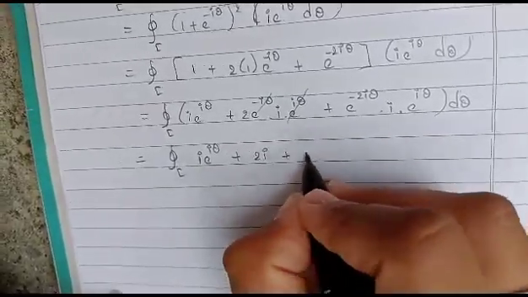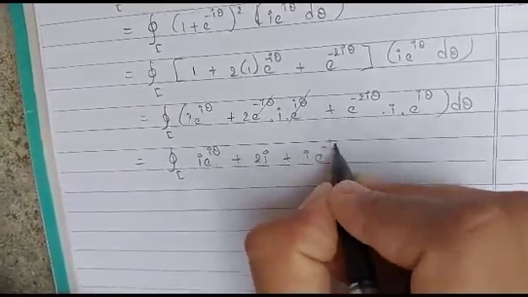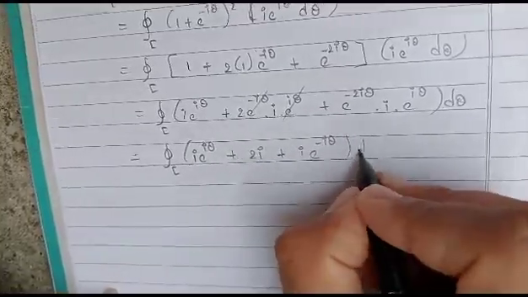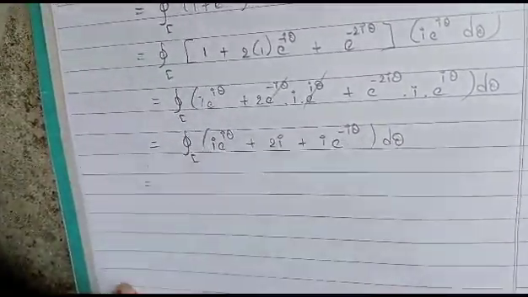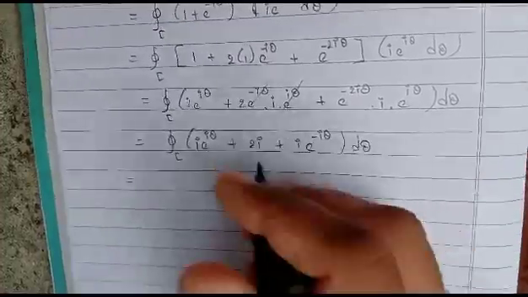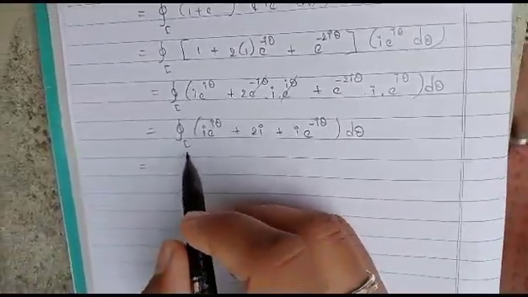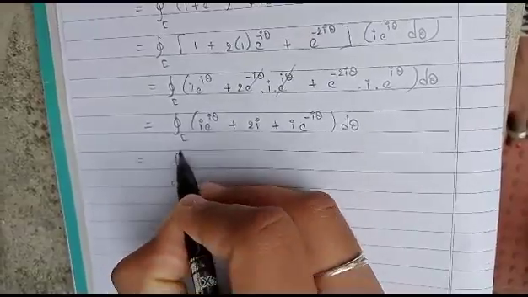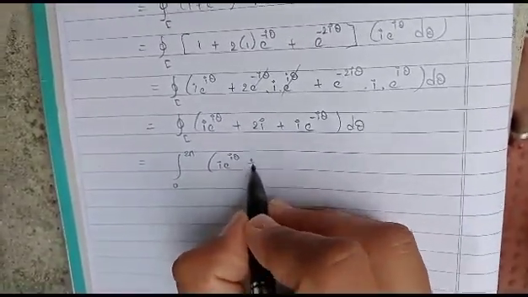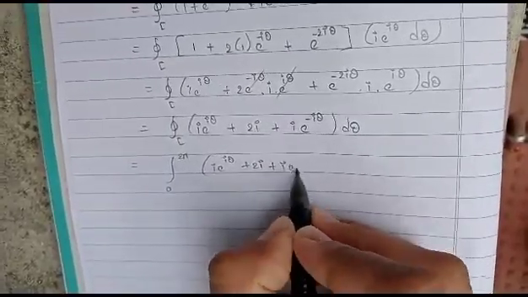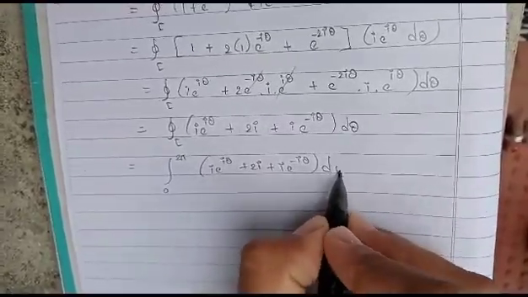It becomes i into e power minus i theta whole into d theta. While integrating it, it becomes, as integral varies from 0 to 2 pi, i e power i theta plus 2i plus i e power minus i theta into d theta.